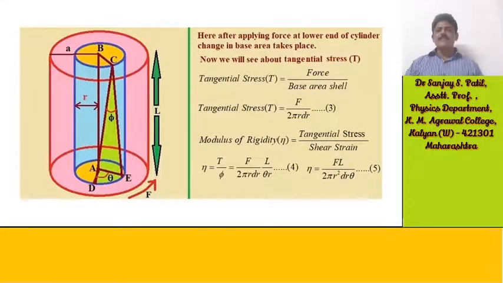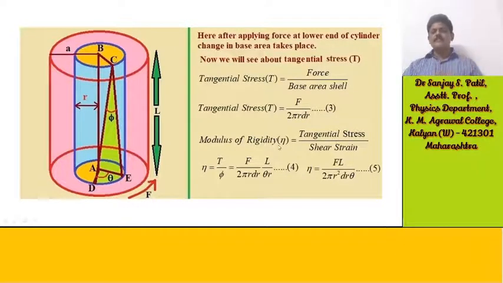Here, after applying force at the lower end of the cylinder, a change in base area takes place. Now we will see about tangential stress. Tangential stress T is equal to force divided by base area of the shell, so T is equal to capital F divided by 2 pi r dr. Suppose this is equation 3.